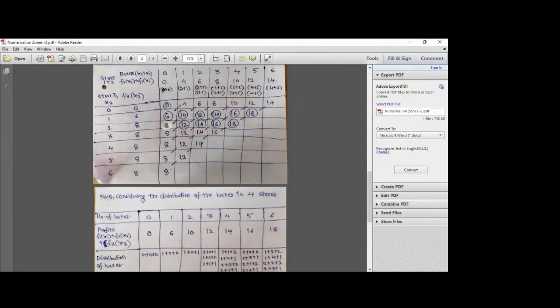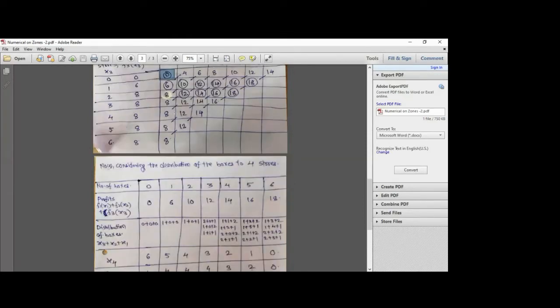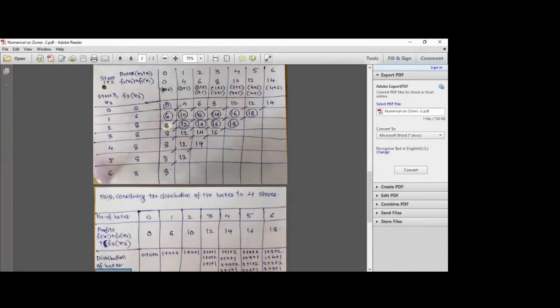Now this 0 value came for what? It came for the combination of 0. So this 0 is for x3. Here we are going to write it as x3, x2, x1. So the x3 value is 0, and here x2 and x1 values are x2 plus x1. What have we written here? 0 plus 0.